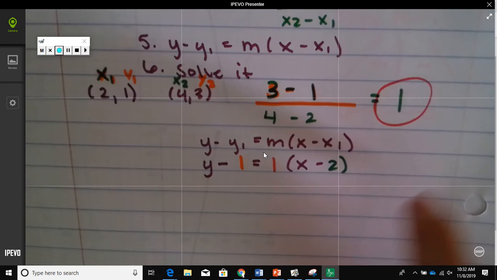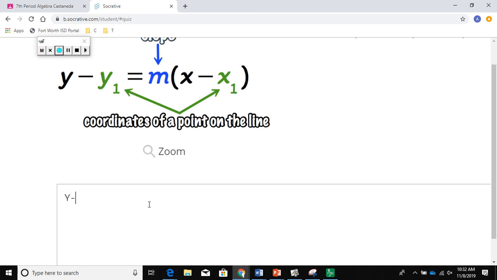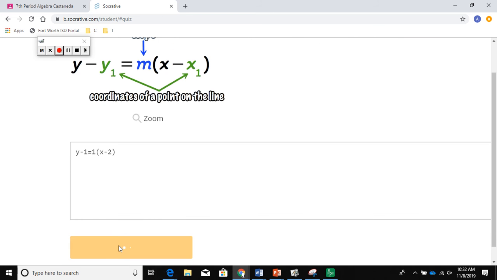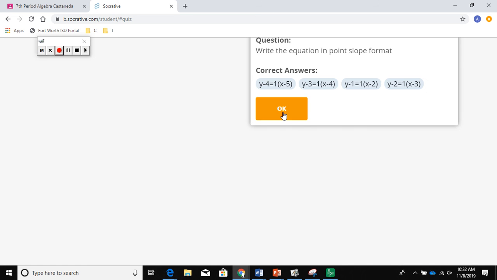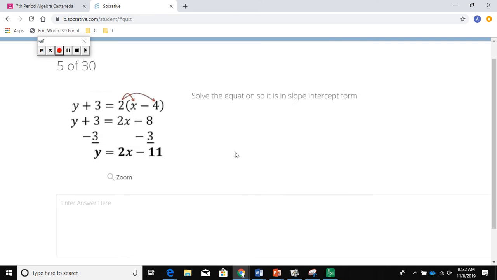And then that's my answer for the fourth question, so I'm going to type it in here. Y minus 1 equals 1 parentheses x minus 2, like you did on s.23, s.24. And so that's my answer. Correct. You can pick any number and it'll count.